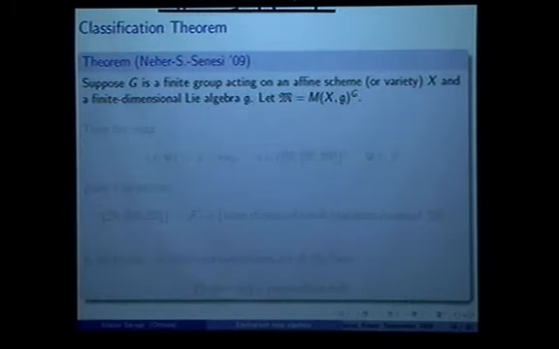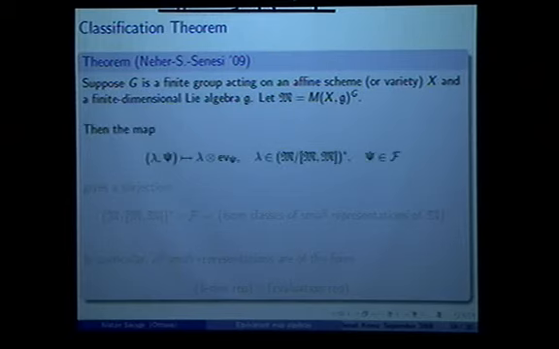Okay, so now we can give our classification theorem of all the small representations of equivariant map algebras. So we have our setup. G is a finite group. It acts on some affine scheme, but remember this affine is really not a restriction because we can always reduce to the affine case. And it acts on some finite-dimensional Lie algebra. We have our equivariant map algebra, and now we can parameterize all of the small representations.